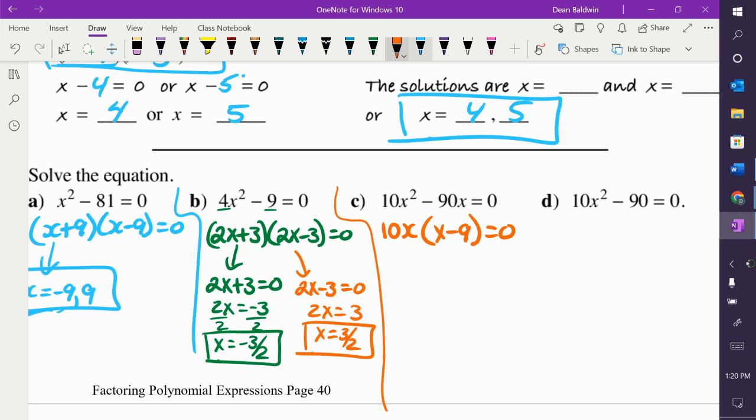Okay. So now ask yourself, what makes this bracket 0? X is equal to 9. Does everybody agree with that? What makes that 0? What number times 10 will give you 0?